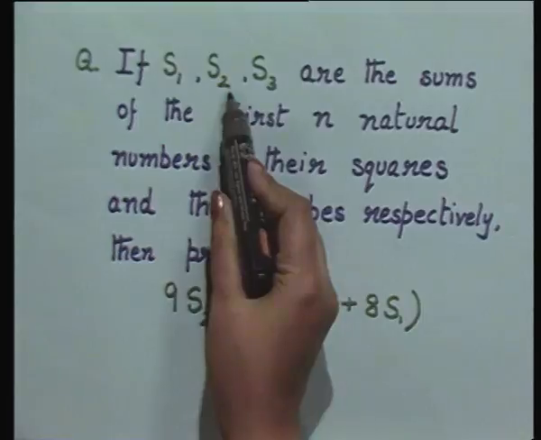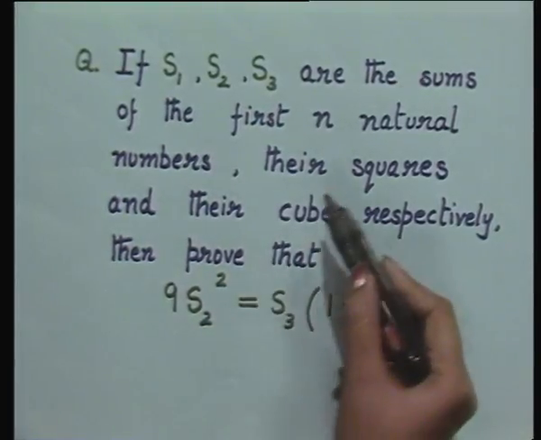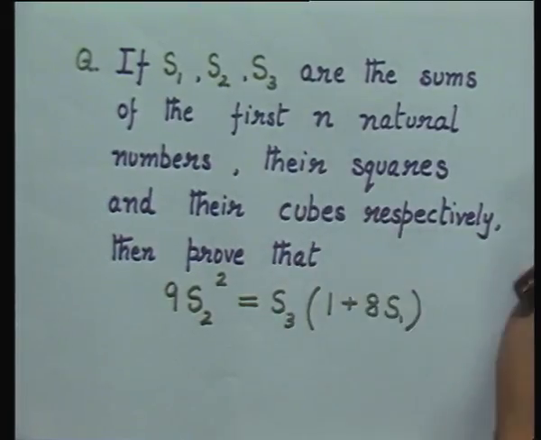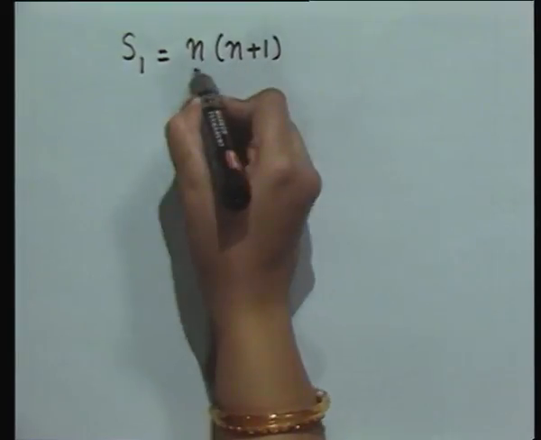I hope you have got the question. Let's start with what we can use. We are given S1, S2, S3 as the sums of the first n natural numbers, their squares and their cubes. So S1 will be equal to n into n plus 1 upon 2.